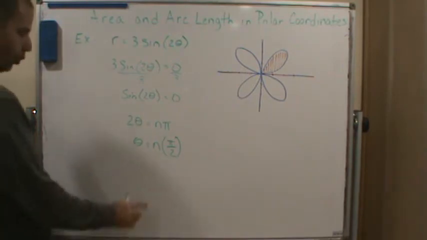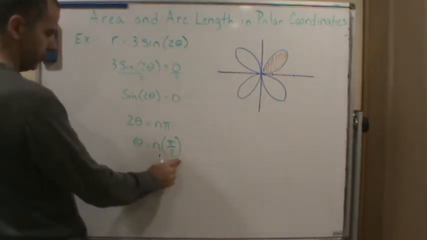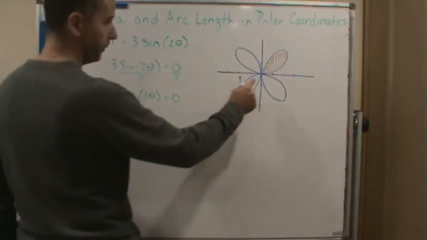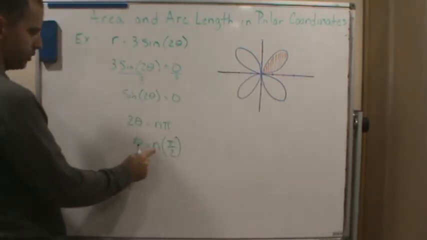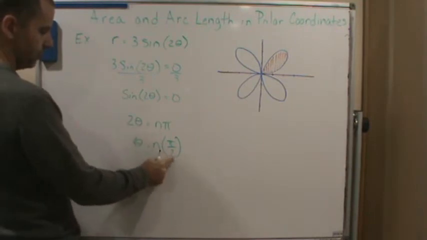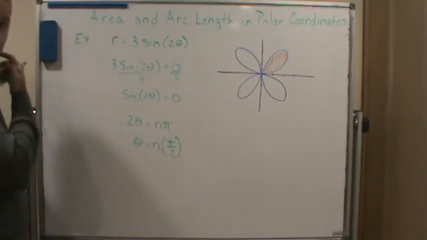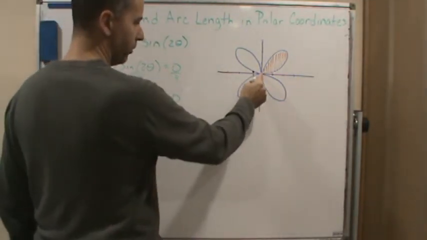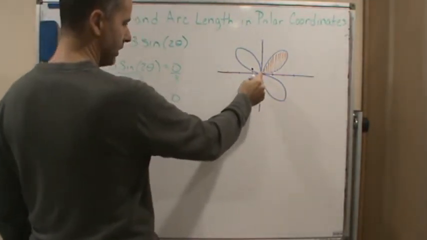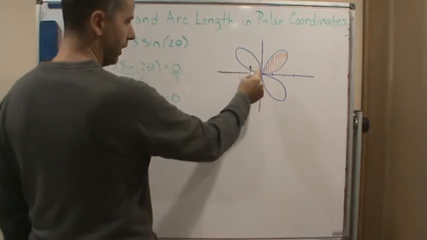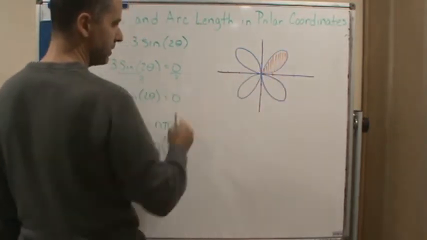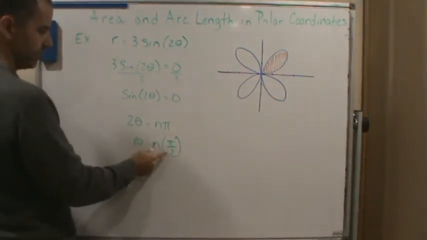So when n is 0, theta is 0, and r is 0. And also when theta is 1 times pi over 2. That gives us the first trace. At theta equals 0, r is 0, but then as we trace out, the next time it comes back to 0 is at pi over 2.